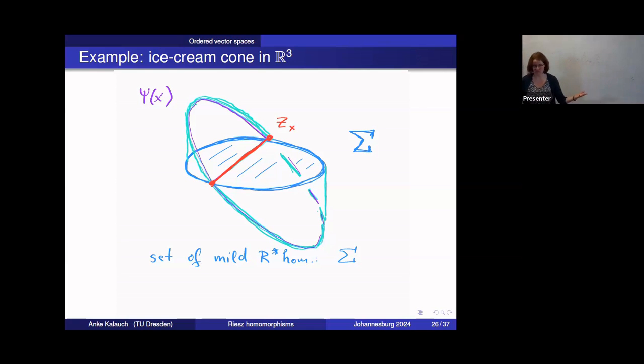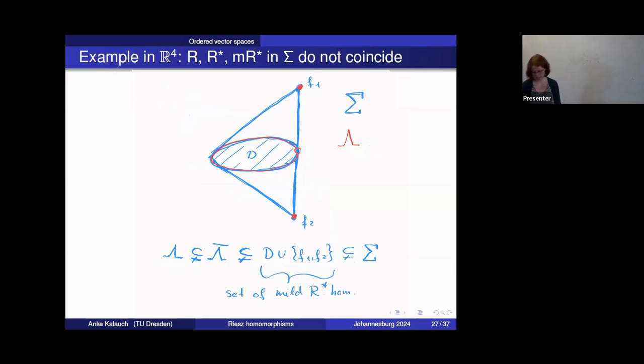Then you have the other extreme case. So in R3, only these 2 cases can happen. So we have to go to R4, and there one can give an example where all 3 notions are distinct.